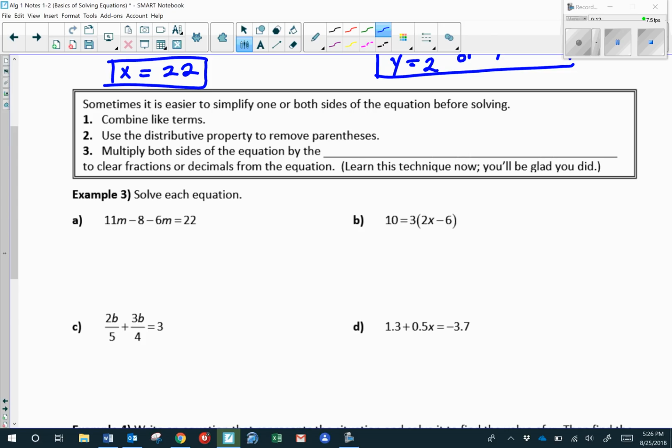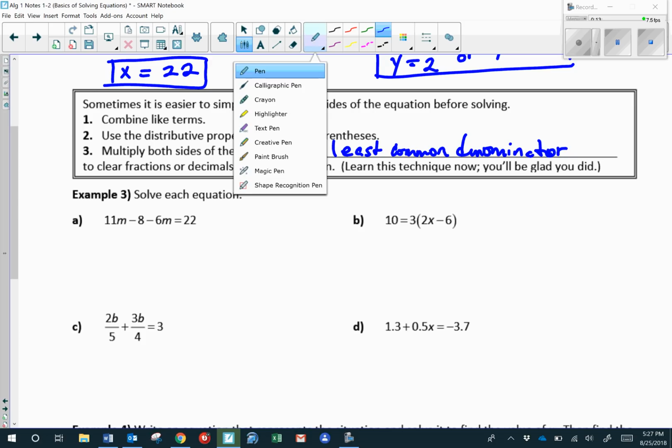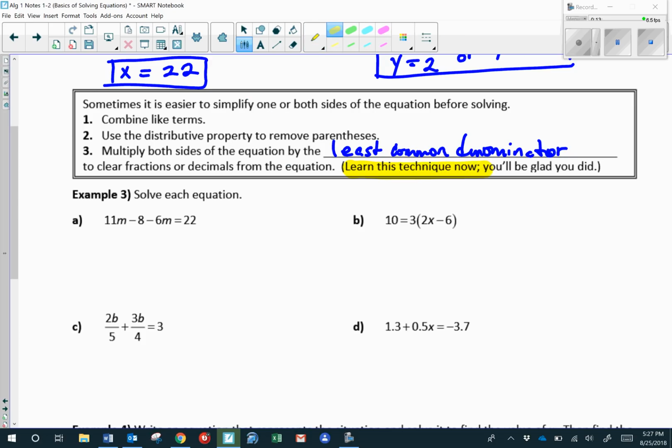Then we can also multiply both sides of the equation by the least common denominator in order to clear fractions from the equation, or decimals, since decimals essentially are the same thing as fractions. And I urge you to learn this technique now because it will make your life much, much easier.